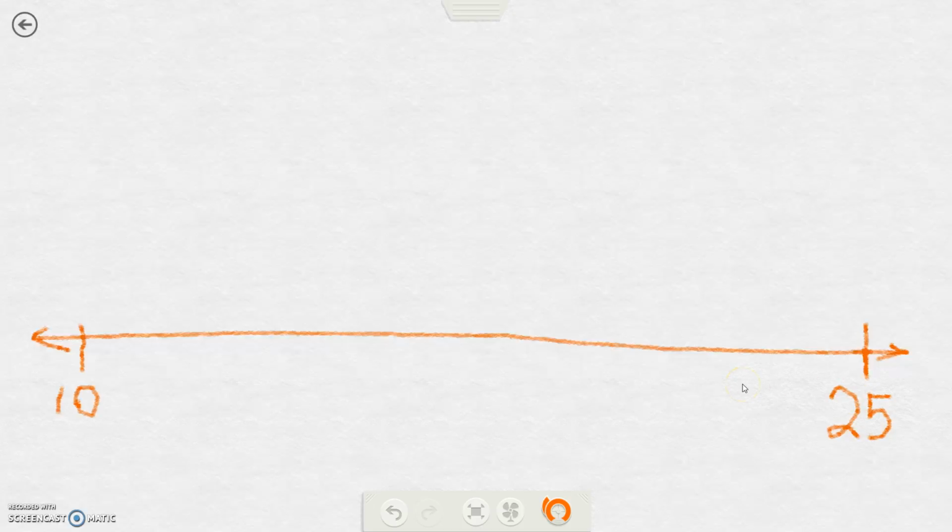And then we go by 5s, so there will be 10, the next one will be 15, 20, 25. So we'll do 15 here, and then 20 here.